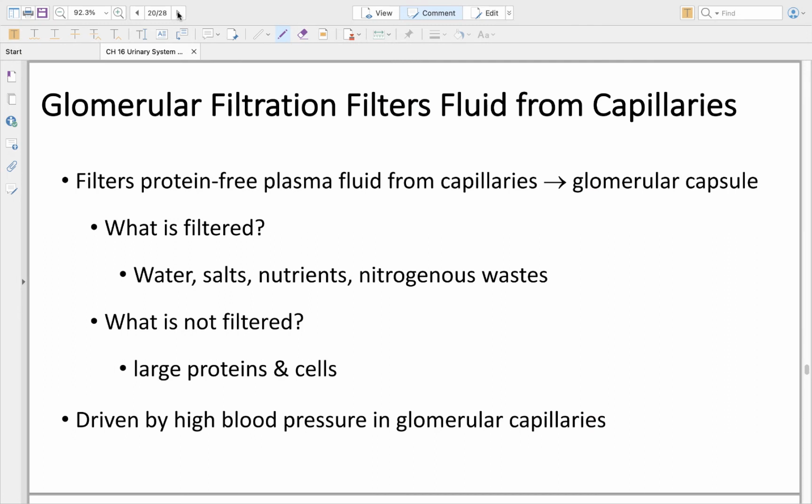Now let's talk about glomerular filtration and exactly what's going on here. With glomerular filtration, this filtrate that comes out is going to come from the capillary network, right?